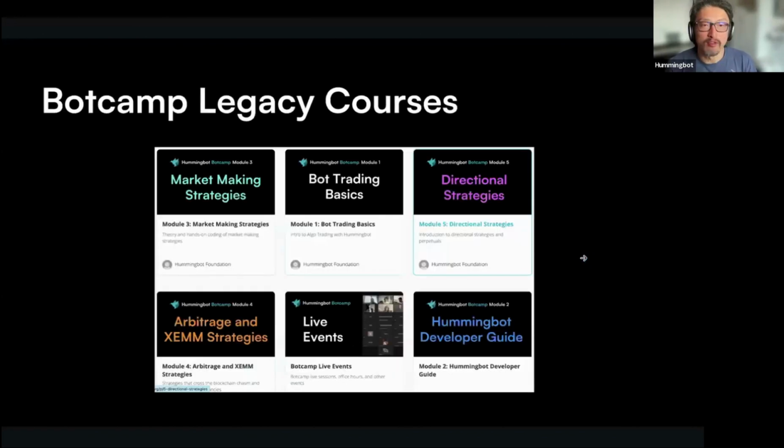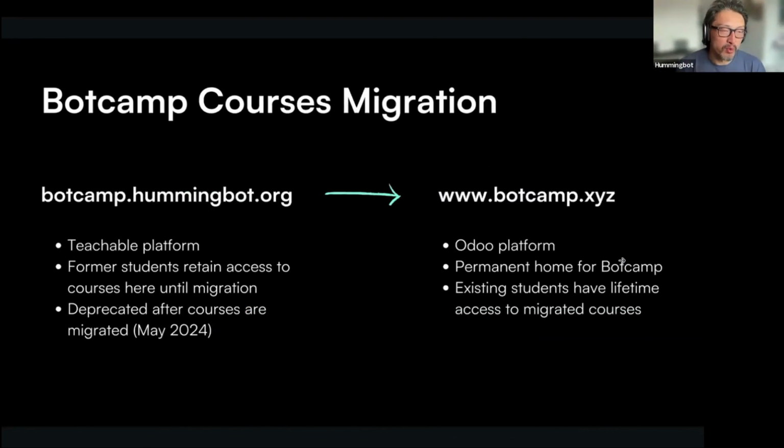We've actually been doing this for a while, so we have some legacy courses on our old platform, but because we've created the V2 framework, we wanted to refresh and revamp this material so that it's evergreen, and people can learn algo trading just from watching the videos, because the old content is outdated. We're going to migrate them fully to the new site over the next probably 2 months.